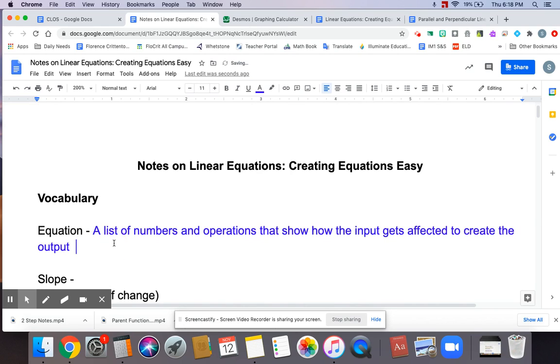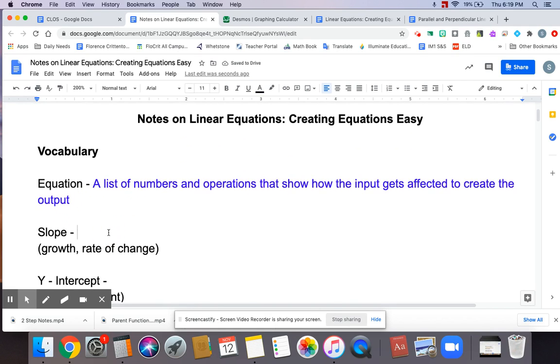So, for example, if the equation is that the answer, the output, equals 3 times the input plus 1, this is an equation because it's a list of numbers and operations like adding, and it shows that the input, the x, gets affected by being multiplied by 3, then getting added to 1, and that's how you create the output, the y. So that's what an equation is.